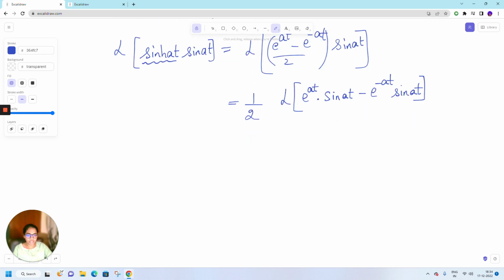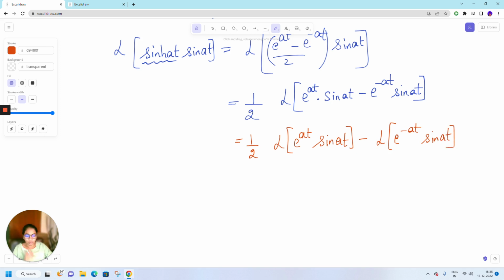As you can observe, we have the formula. We have this in the form of e power at into f of t, that is Laplace of e power at into sine at minus Laplace of e power minus at into sine at.